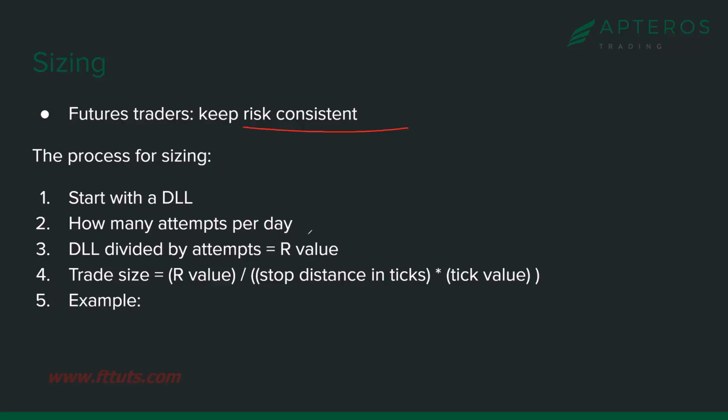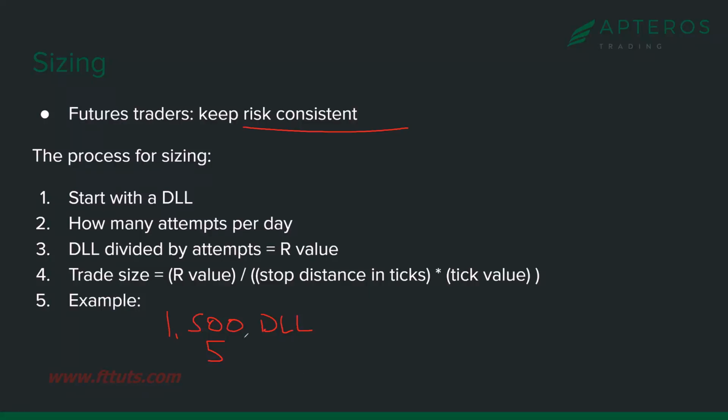instrument you're trading. So let's say we had a $1,500 daily loss limit, and let's say we need 5 attempts today. We'd like to be able to stop out 5 times before we quit for the day and say we just don't have it today, right?